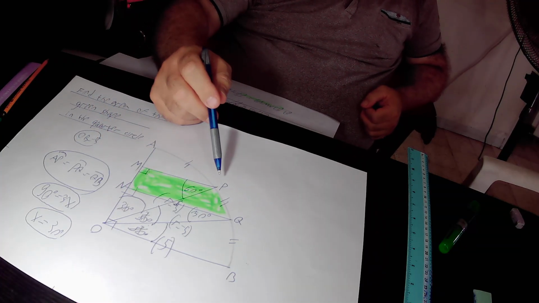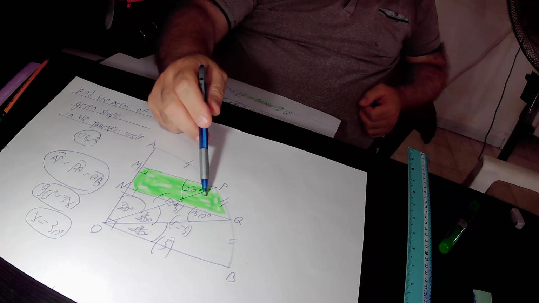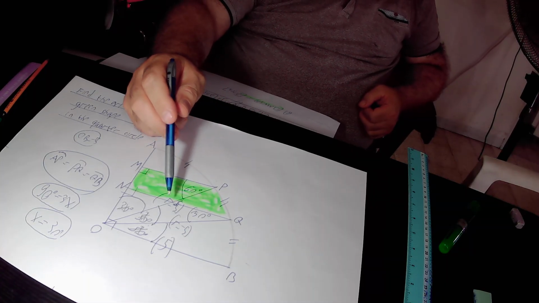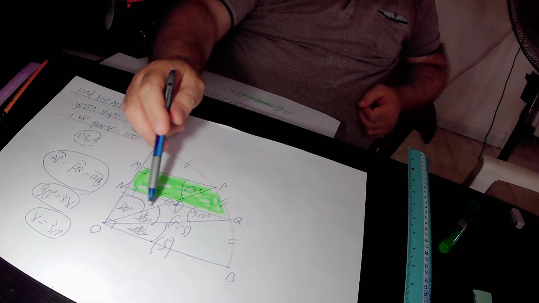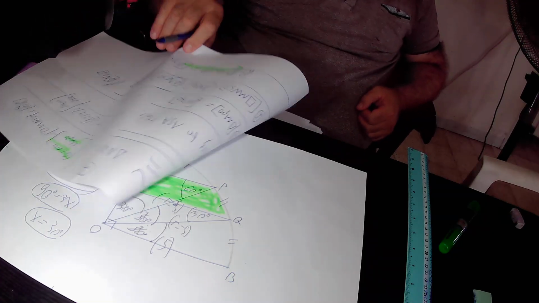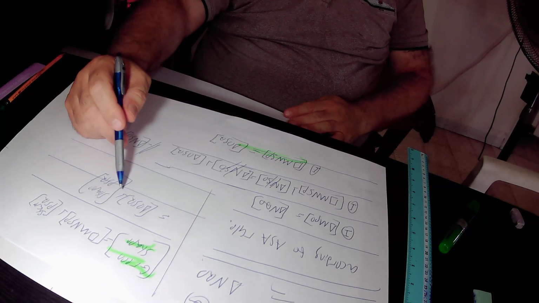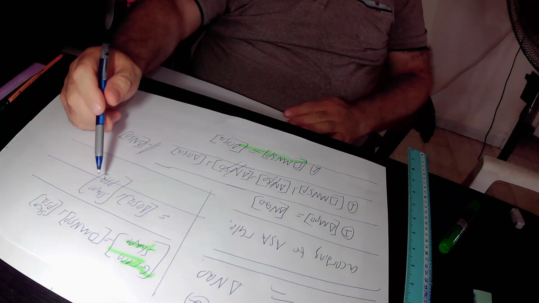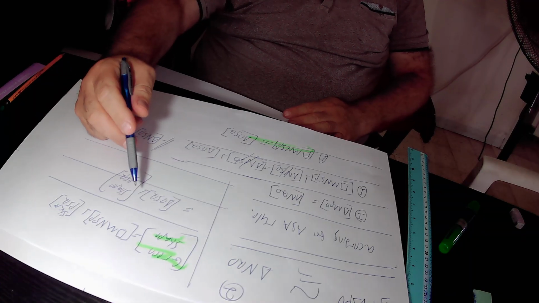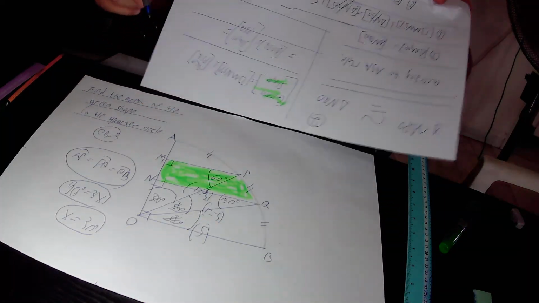Why? Because sector POQ consists of this small green shape PSQ, and it also consists of this white triangle OSQ. So we found out that the area of the small shape PSQ plus the area of the white triangle OSQ is equal to the area of sector OPQ.